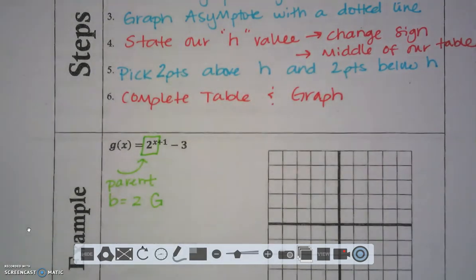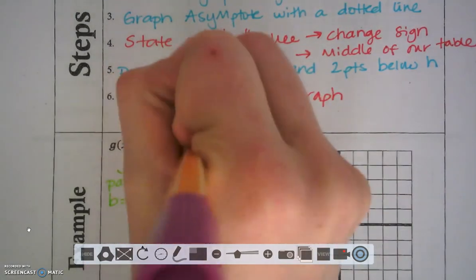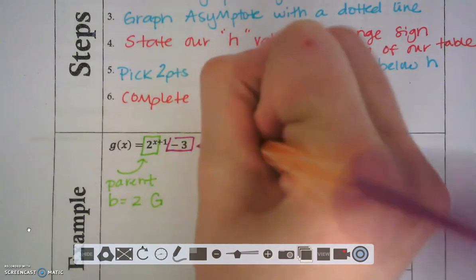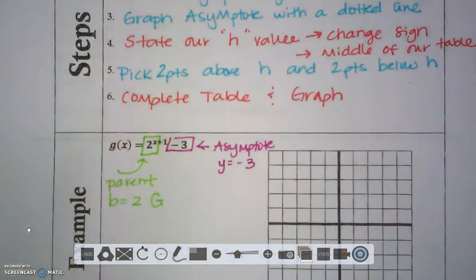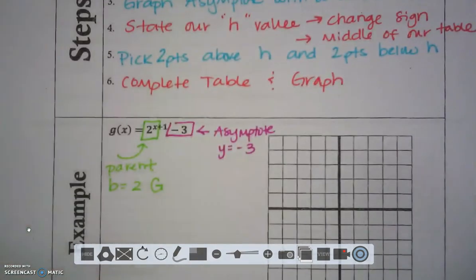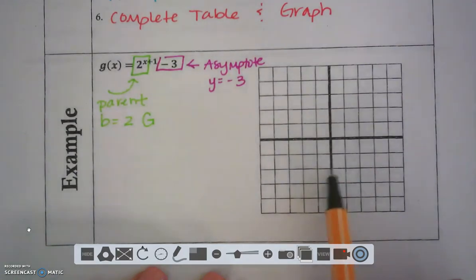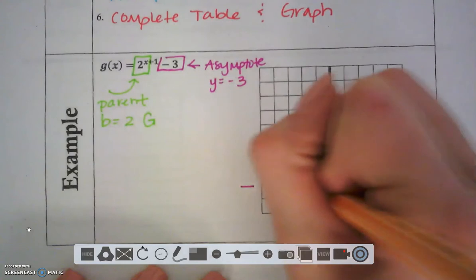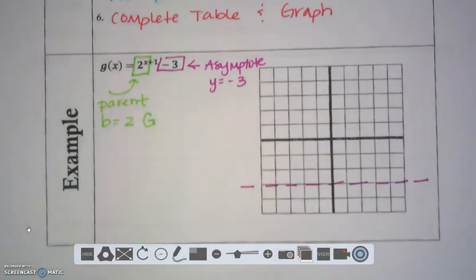Now I'm going to determine my asymptote. My asymptote is in the k value. All right, so this is my asymptote. And it's at y equals negative 3. So after immediately identifying it, we're going to go on our graph to where y equals negative 3 and put in our imaginary dotted line.